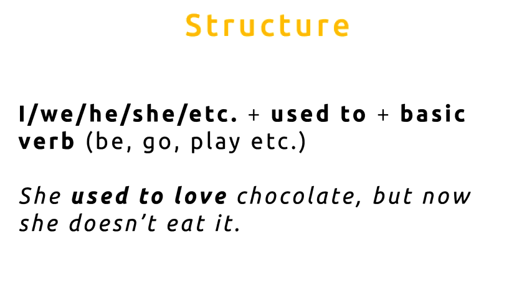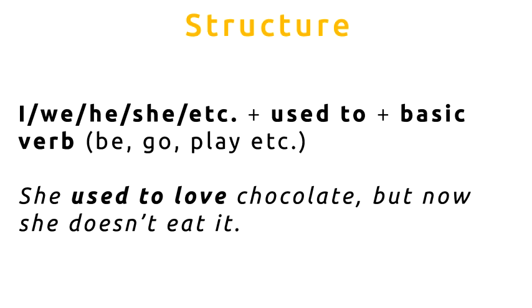Now, what's the structure of used to? Let's have a look. The structure for the positive of used to is I, we, he, she, etc. So a pronoun or a name or a noun, plus used to, plus a basic verb: be, go, play, etc. So I can say, she used to love chocolate, but now she doesn't eat it.